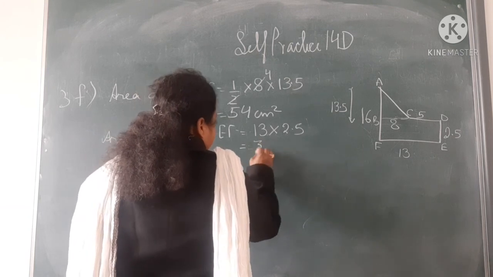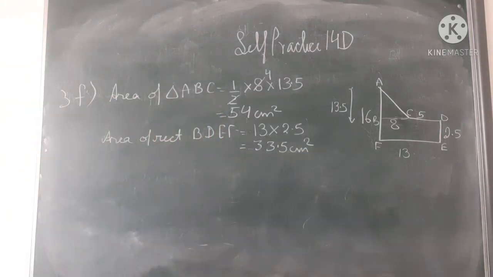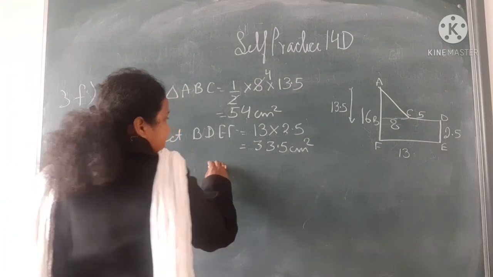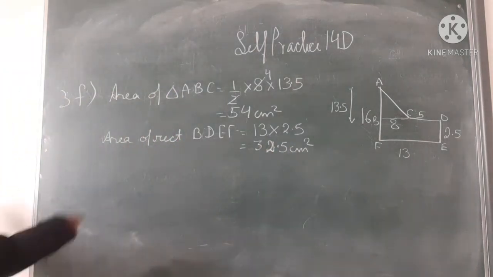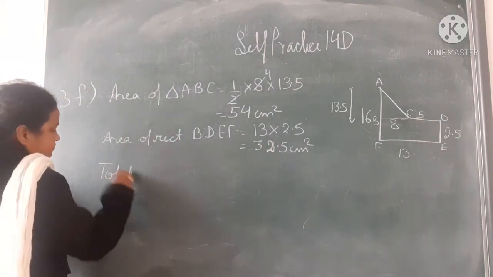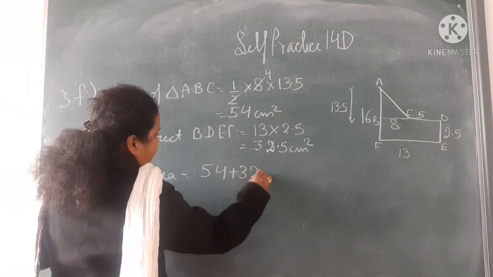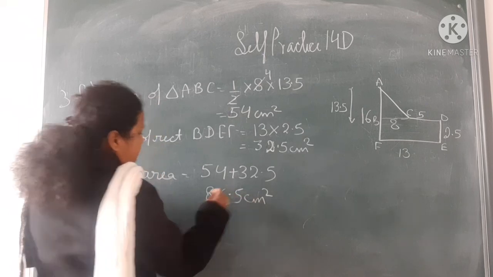That will be 32.5 centimeter square. And now what will be the total area? 54 plus 32.5, 86.5 centimeter square.